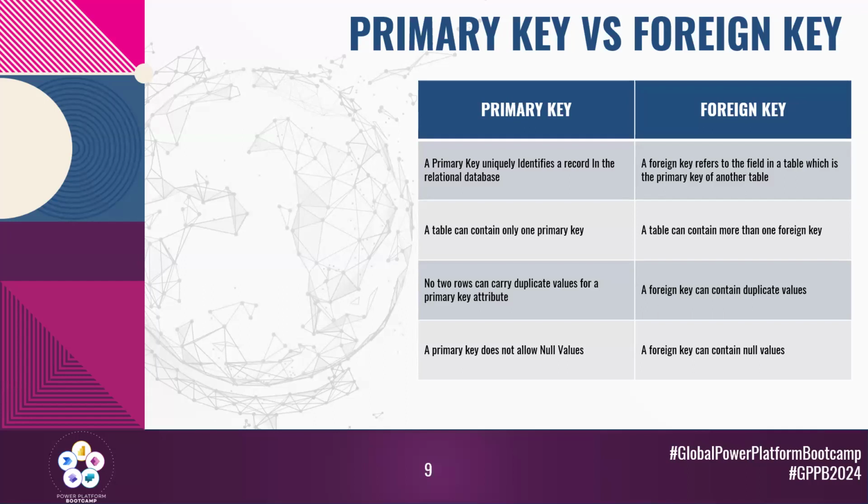Customer ID is a primary key in a customer table. Then order ID is a primary key in an order table. If you now see an order ID in a customer table, that order ID becomes a foreign key in that customer table.